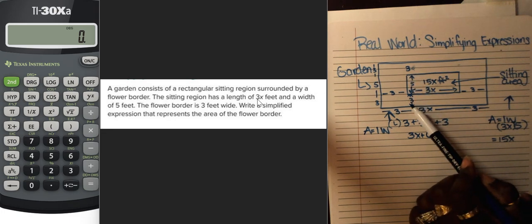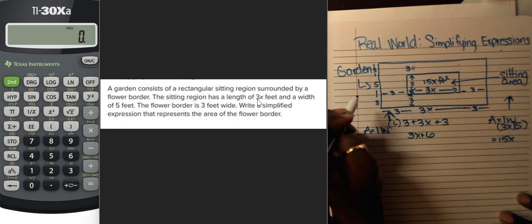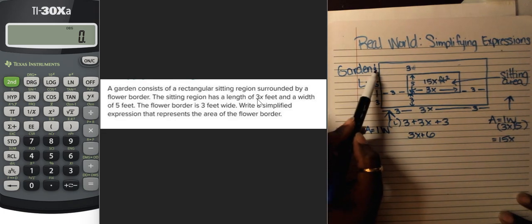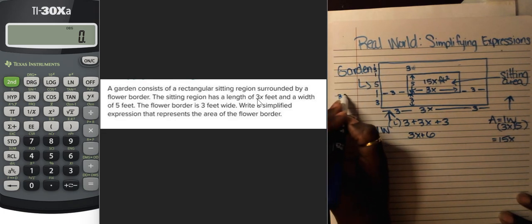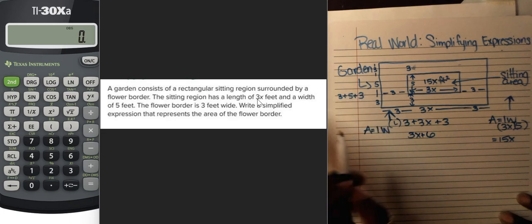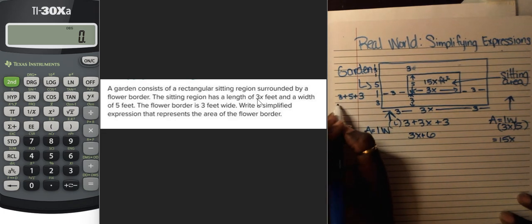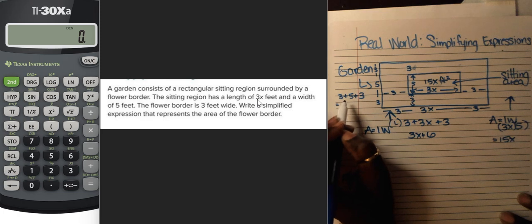And then we've got another 3. So we're just adding those up, right? And so that's the same thing as 3 plus 5 plus 3. All these are constants, so we can combine those and make that into a like term. So that's 3 plus 5, that's 8 plus 3 is 11. So that's 11. Our width is going to be 11.